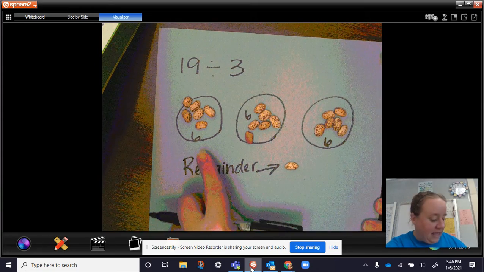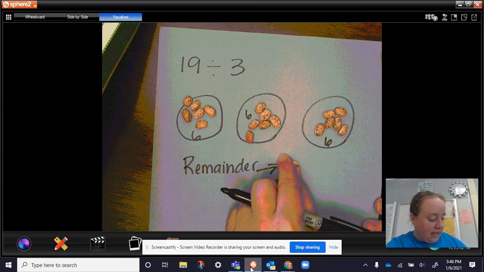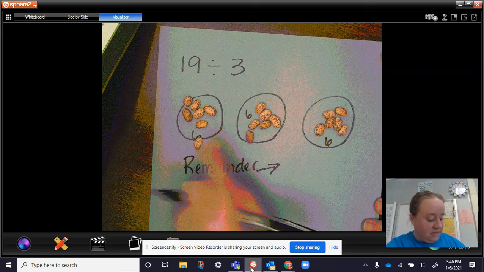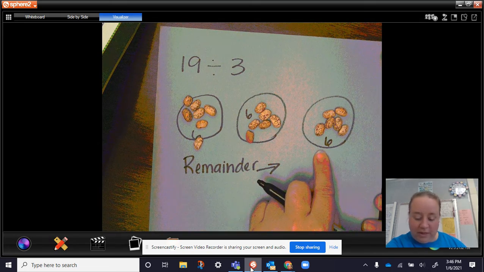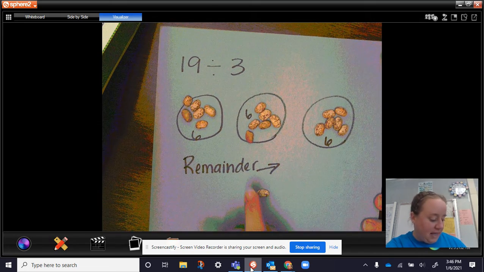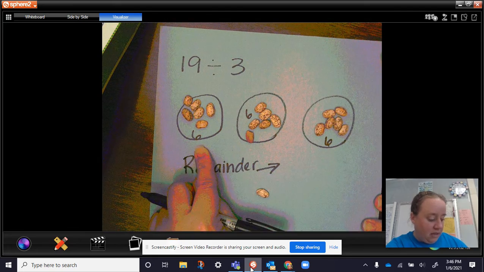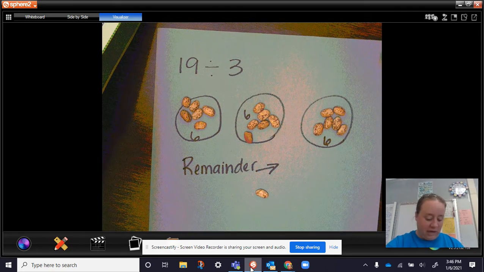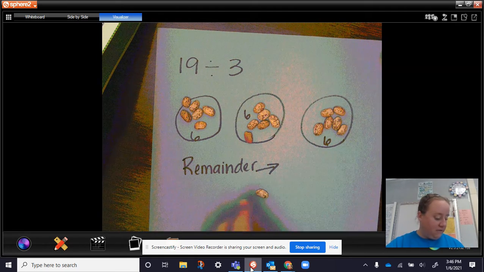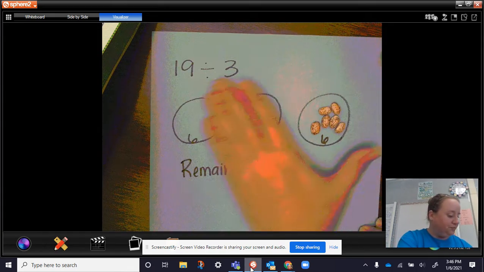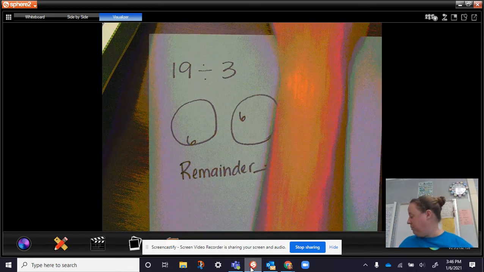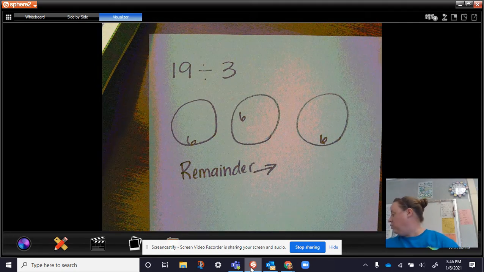It's one that I can't pass out. I can't give it to this friend because then the numbers wouldn't be equal anymore. So the remainder is the amount that cannot go equally. I would need 2 more to give them all the same. So this is my remainder, and we looked at that problem and identified what that is.